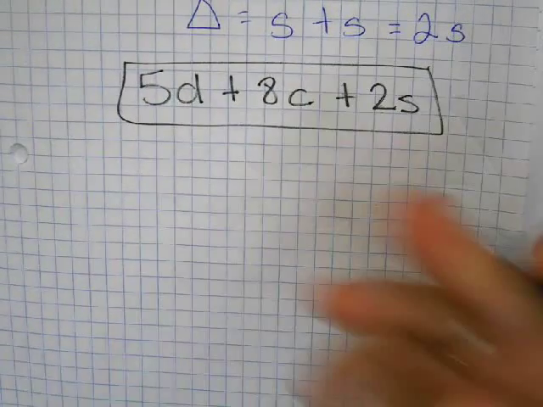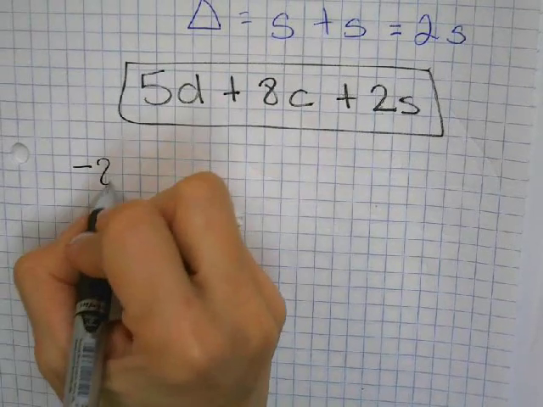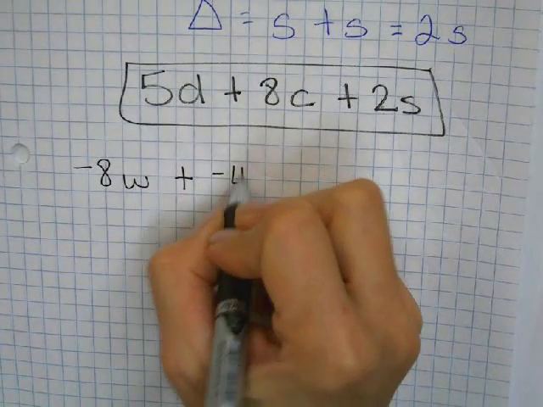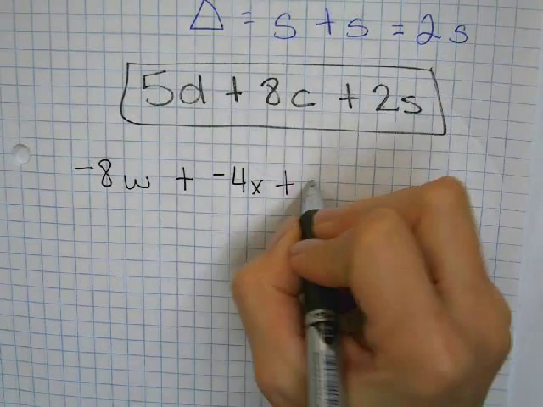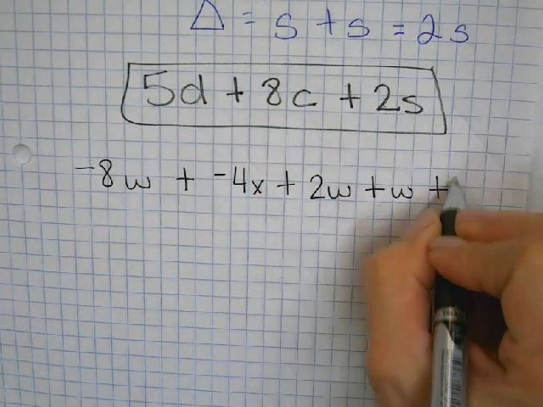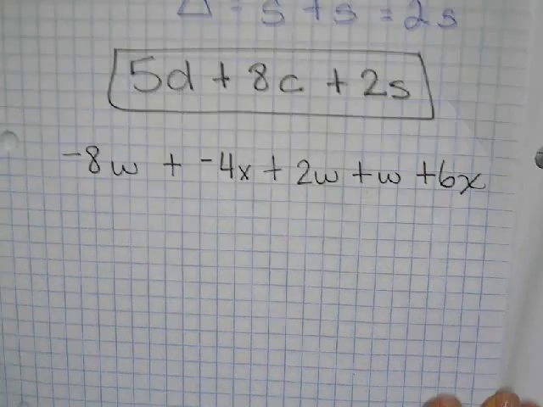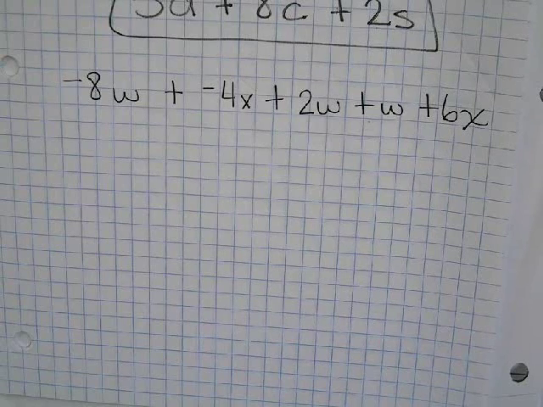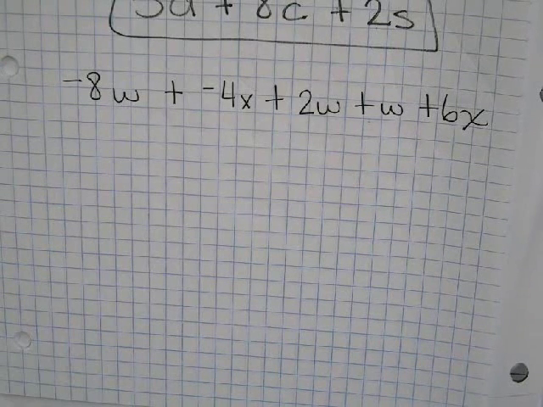Alright. Negative 8W plus negative 4X plus 2W plus W plus 6X. It's just long, but you realize that all you're doing is adding, right? So you're doing CST, so just write it down.